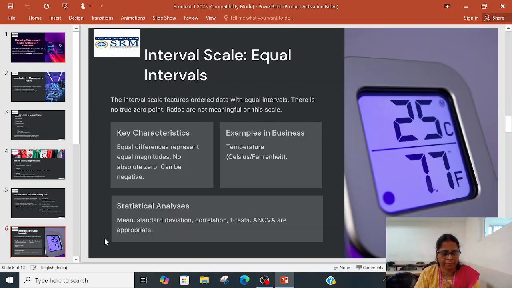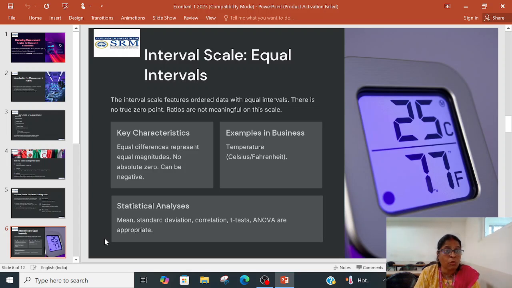Interval scale. The interval scale features ordered data with equal intervals. There is no true zero here. So ratios, if you take, are not meaningful on the scale. Example, for temperature, 0 degrees Celsius is not an absolute zero.